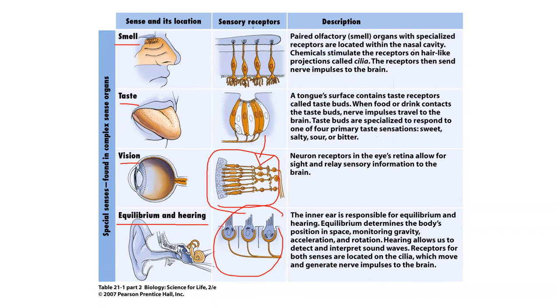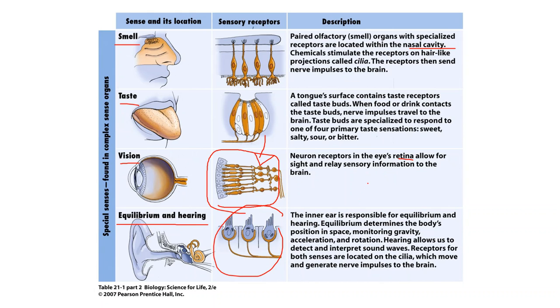For instance, the receptors for smell are hair-like, they present hair. These are known as cilia, present in the nasal cavity, whereas the taste ones are present on the tongue. The vision ones, of course, are present in the eyes, in the retina specifically, and equilibrium and hearing are present in the inner ear.